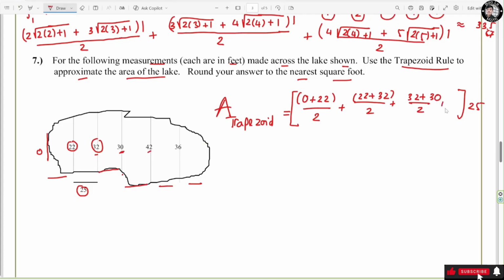Plus 30 plus 42 divided by 2, plus 42 plus 36 divided by 2. And finally, 36 plus 0 divided by 2. Altogether multiplied by 25. If you use a calculator, the answer must be approximately 4,050 square feet.